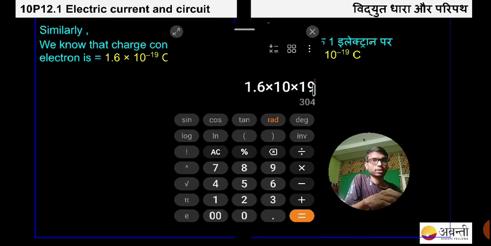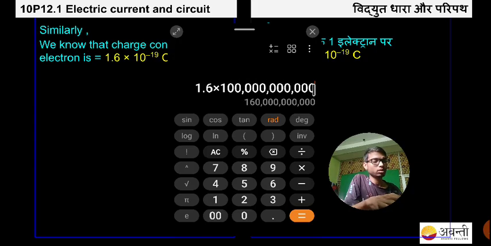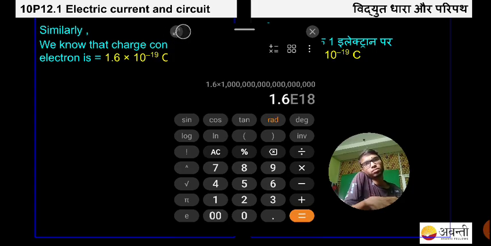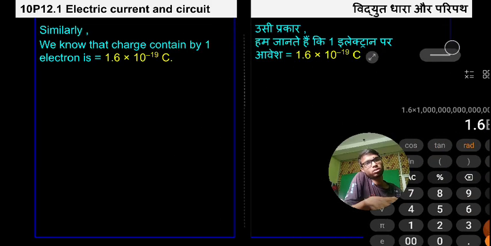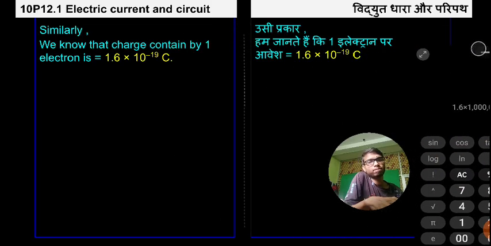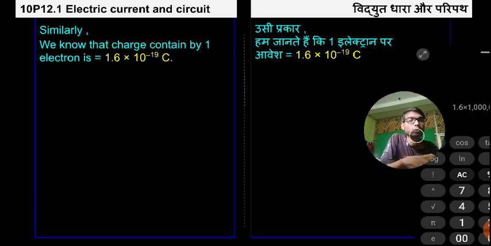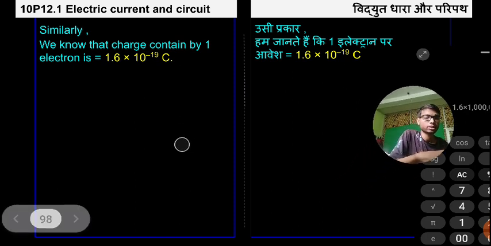Not 10. 1, 2, 3, 4, 5, 6, 7, 8, 9, 10, 11, 12, 13, 14, 15, 16, 17, 18. Now here, this much. I think it should be too much less. We are saying that it is too much less. This number is too much less. That is what we are saying.